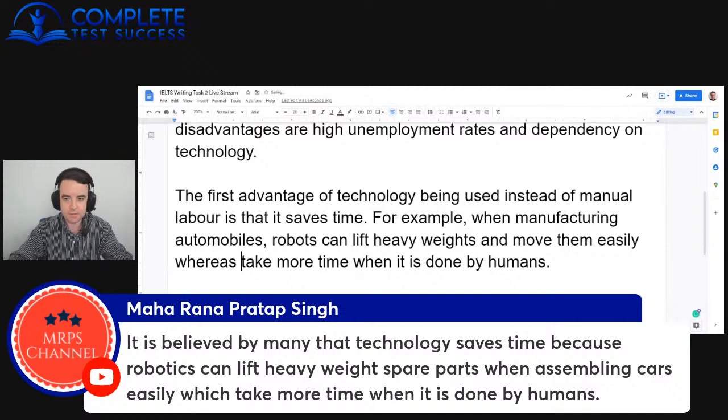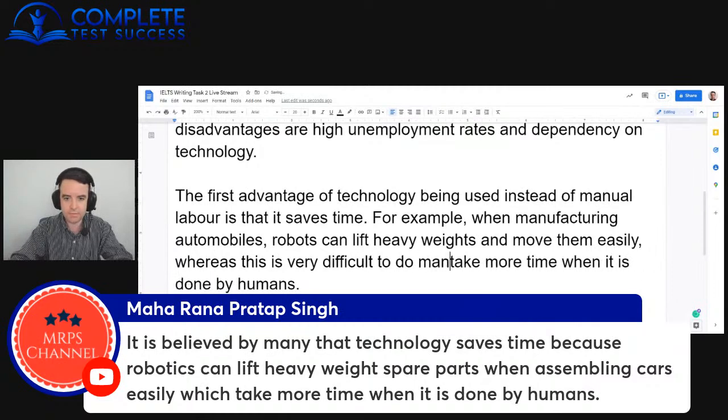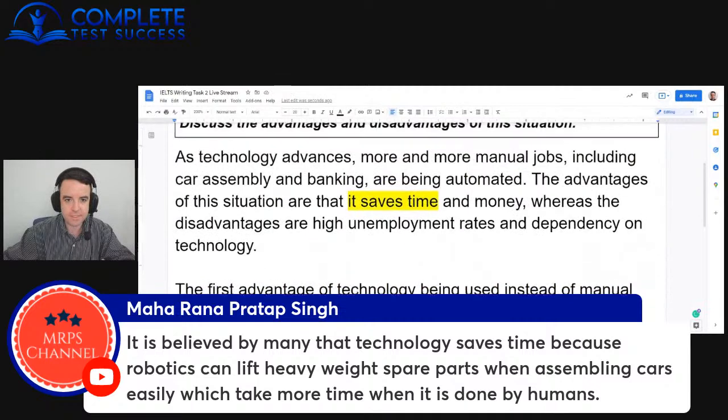Whereas this is very difficult to do manually and takes more time. So that's our first idea and development of that first idea.